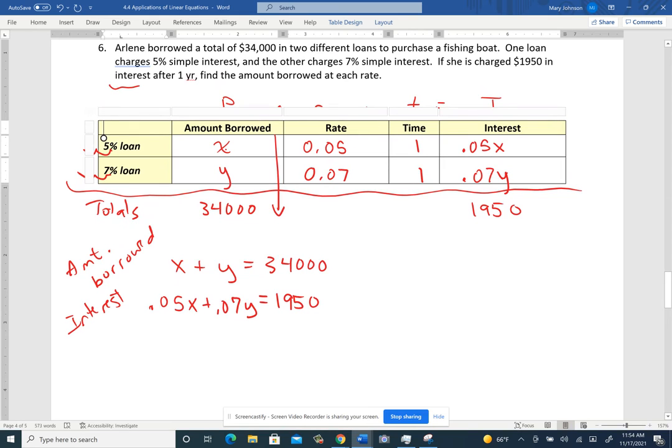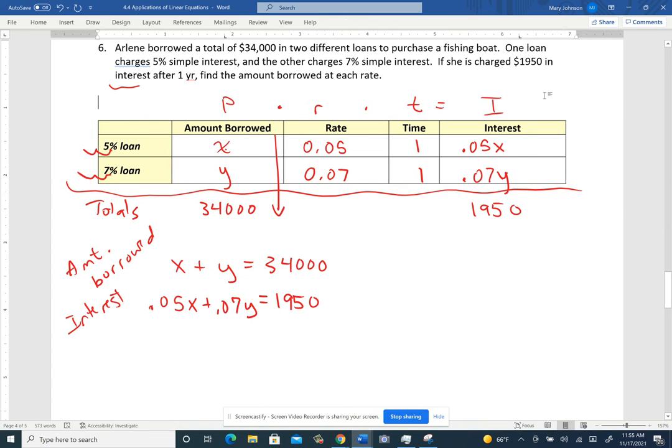Okay, so here we have the one which was also a principal times rate times time equals interest problem. It was the same type using the same formula. It was just a loan rather than an amount invested. So we have our two equations. It's the same deal.